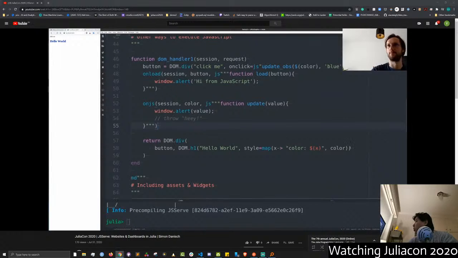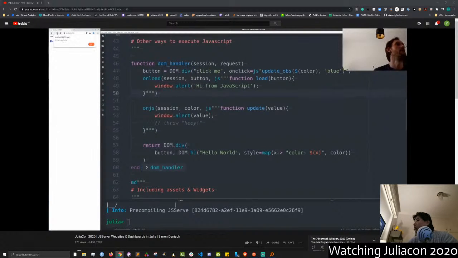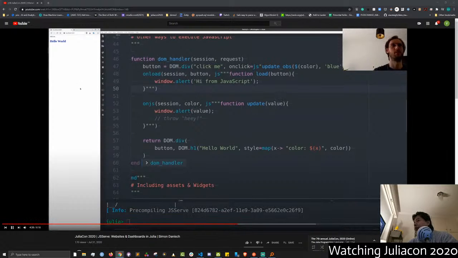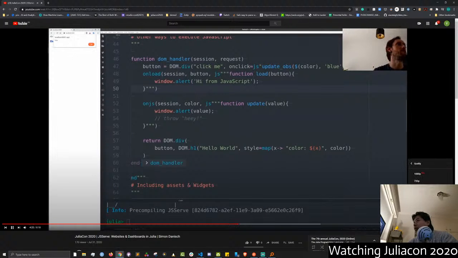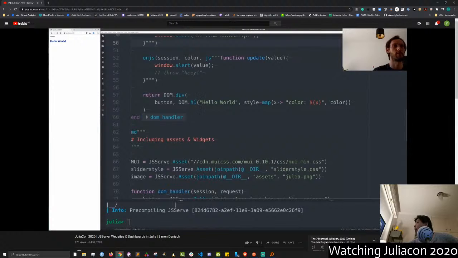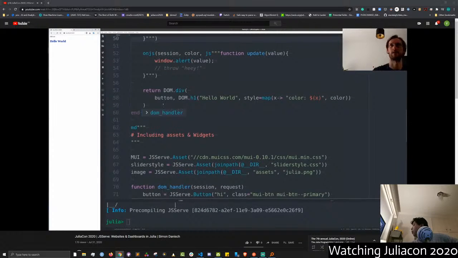So let's run this here and reload. We first get the hi from JavaScript, which gets executed on load. And then whenever we update the observable, we get another alert. So if we click this, we get another alert. So these are the main ways to run JavaScript on your page. And yes, these are the basic building blocks to create interactive HTML JavaScript applications.